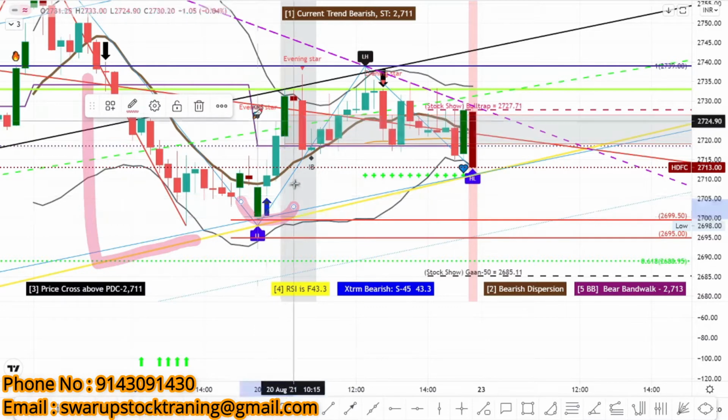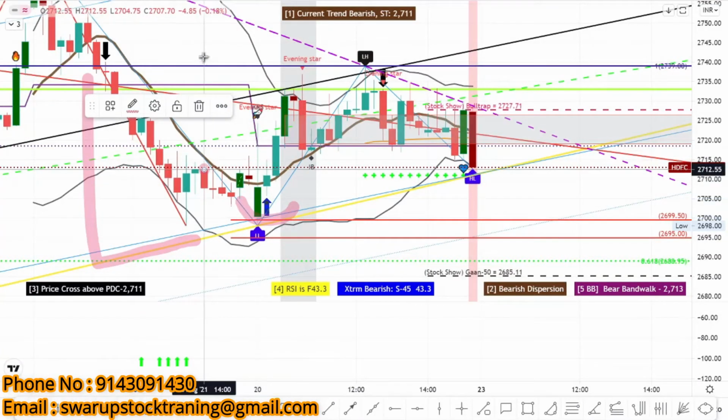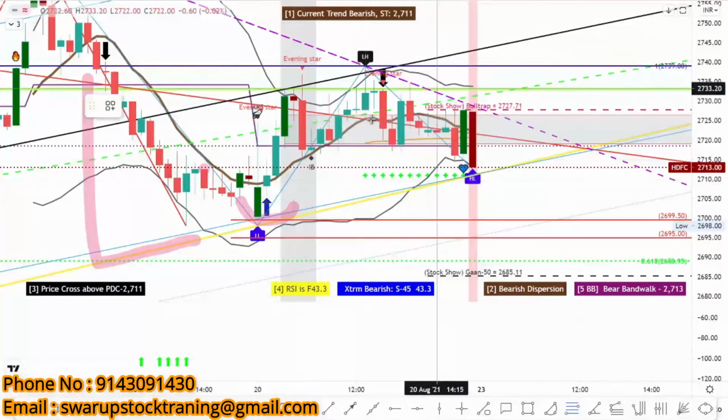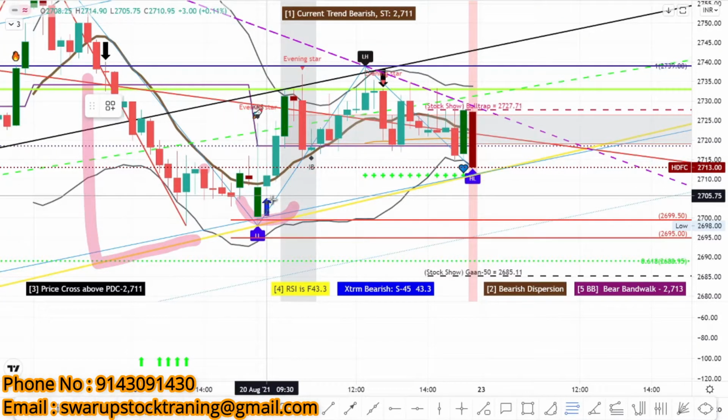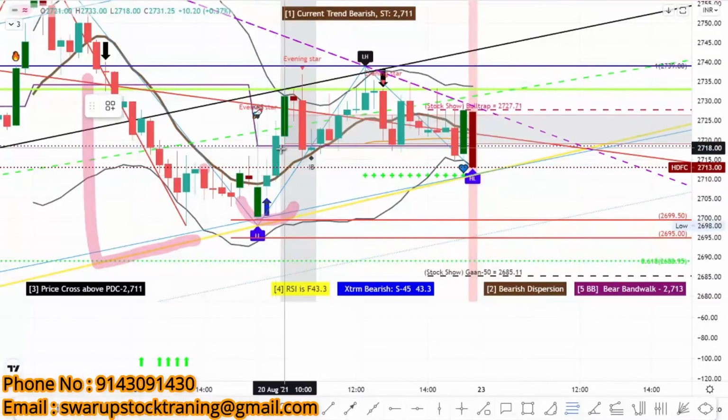One lot. Then how did we manage our trade? Once we had this level, we knew that it was a bear trap, so it would go up, and it moved very fast.